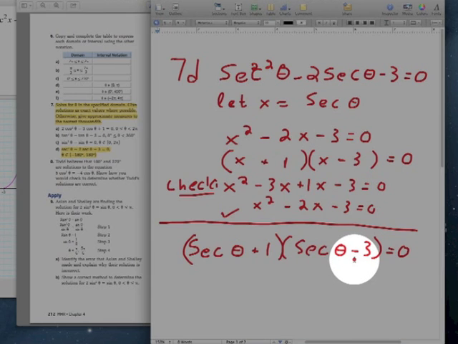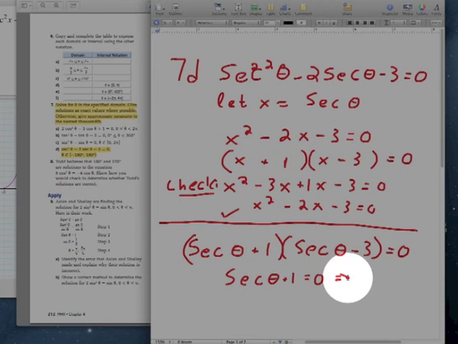Now I need to figure out in what scenarios secant theta plus 1 equals 0 and secant theta minus 3 equals 0. What we're asking for is the zeros for this graph, if you were going to graph it out. So the first one, secant theta plus 1 equal to 0.